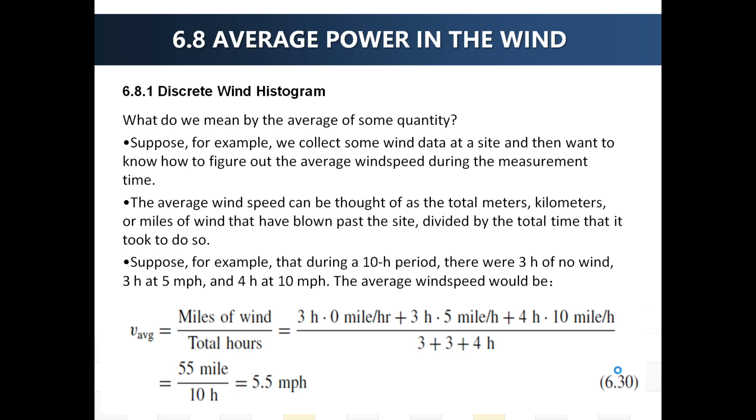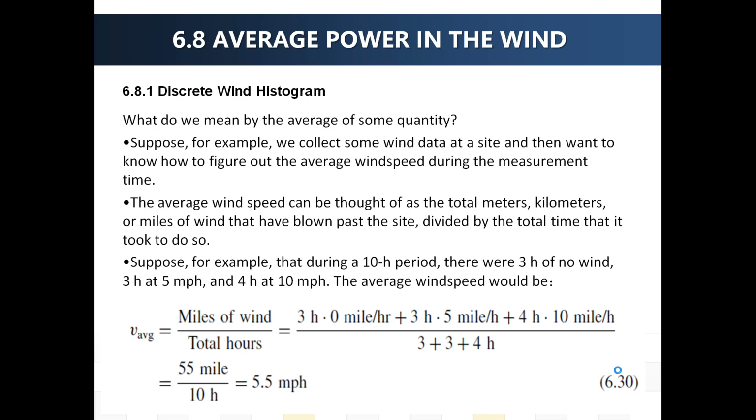The average wind speed can be thought of as the total meters, kilometers, or miles of wind that have blown past the site, divided by the total time that it took to do so. Suppose that during a 10-hour period, there are 3 hours of no wind, 3 hours of 5 miles per hour, and 4 hours at 10 miles per hour.